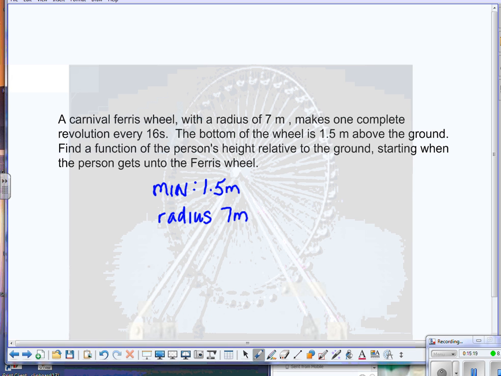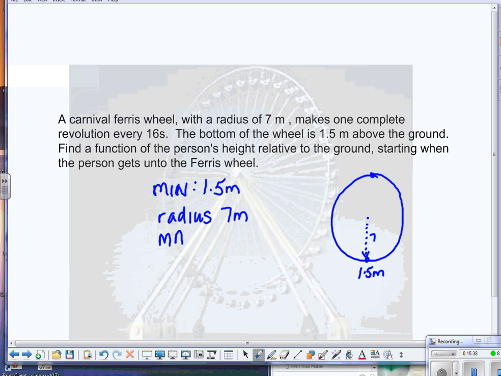So if you have Buddy on the bottom, here we've got a Ferris wheel. You have a Buddy on the bottom, they're 1.5 meters up. Then when they've traveled all the way to the top, and the radius is 7, they are now another 14 meters in the air. So your maximum is 15.5 meters.